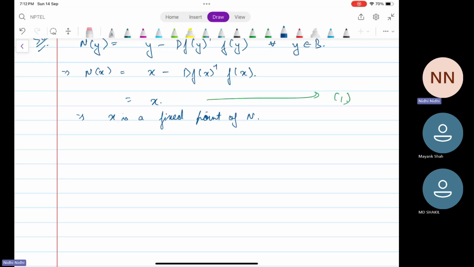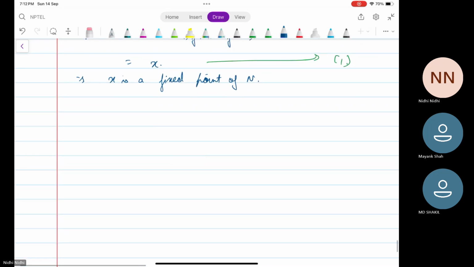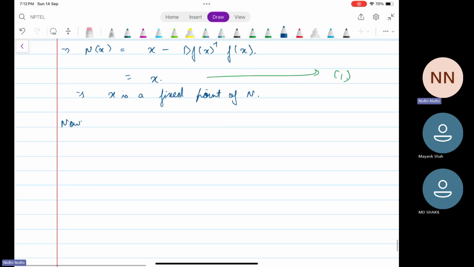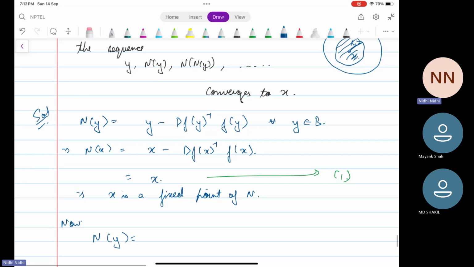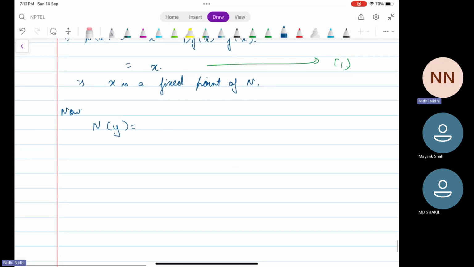Now let's differentiate this function N using the product and then the chain rule. So I can write N(y) as, replacing y by I(y), the identity map, minus Df(y) inverse f(y).